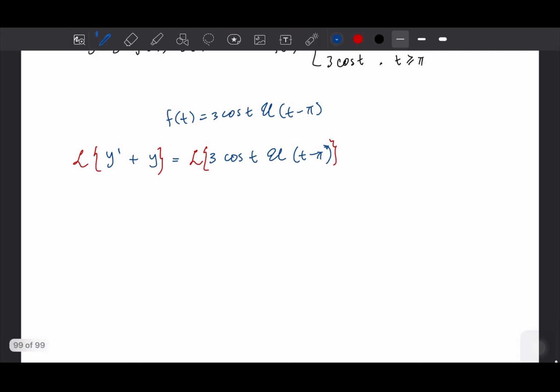So we can write one by one: Laplace of y prime plus Laplace of y, and then 3 Laplace of cosine t times Heaviside t minus pi. This is supposed to have that bracket.